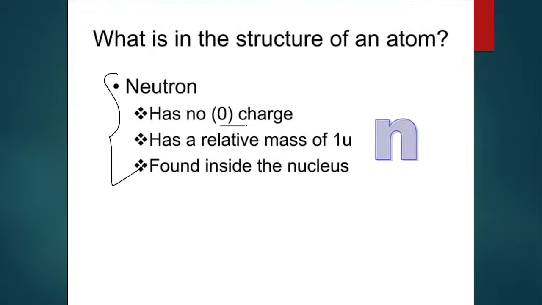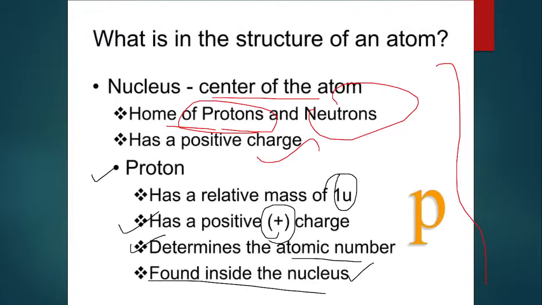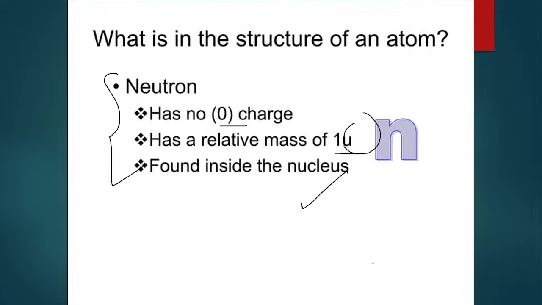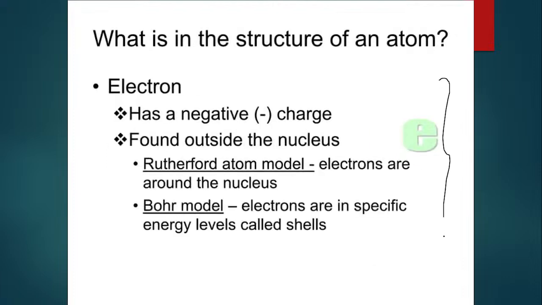Neutrons have no charge, relative mass 1u, and are found inside the nucleus, and this helps to increase the mass of the atom, or constitutes the mass of the atom. Electrons are negatively charged and found outside the nucleus.